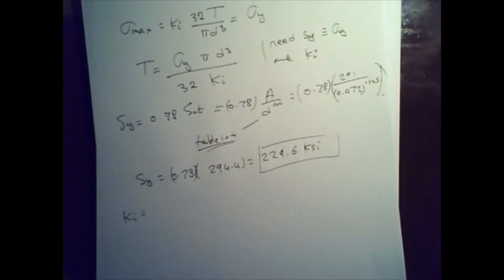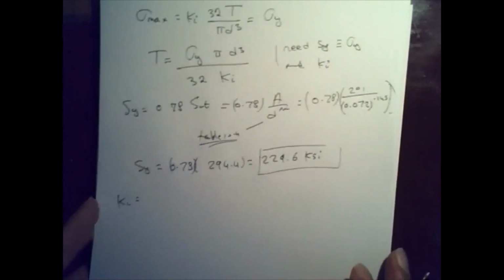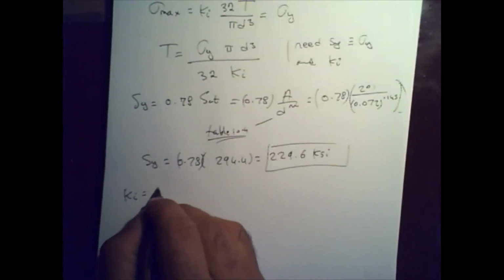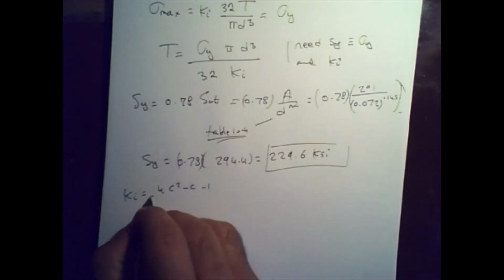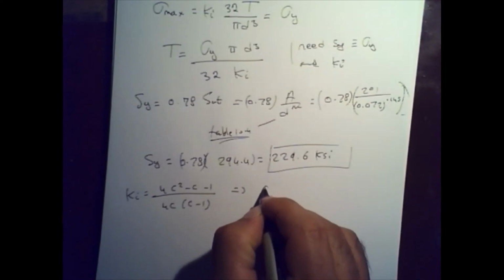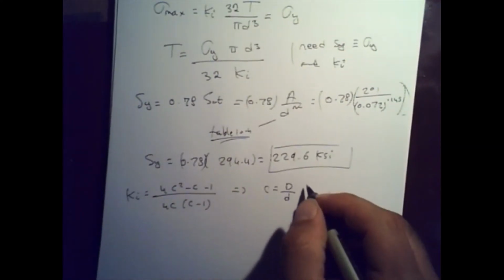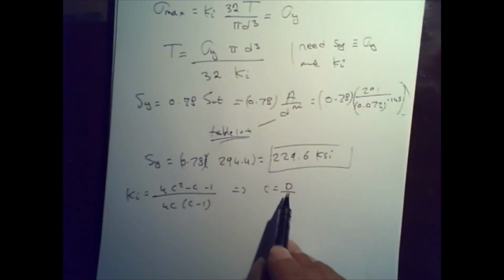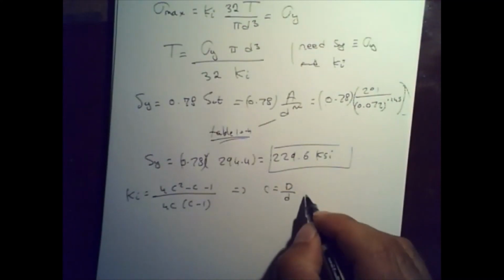Ki is going to be equal to (4c squared minus c minus 1) divided by 4c(c minus 1), and we know c is the spring index, D over d. But which D? Here they gave you the outer diameter, so we have to bring it to the mean coil diameter.